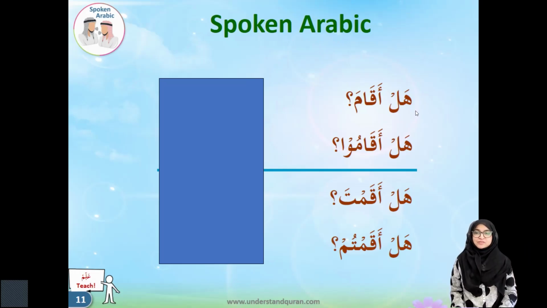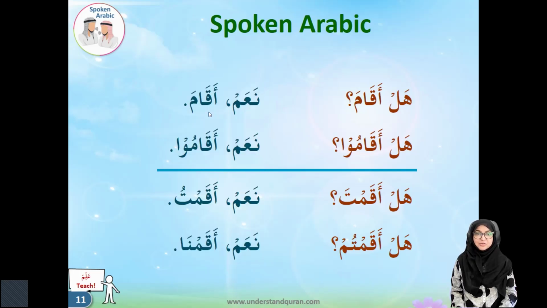Now, the questions. Now, you would ask, hal aqama? Naam aqama. Hal aqamu? Naam aqamu. Hal aqamta? Naam aqamtu. And hal aqamtum? Naam aqamna. MashaAllah. You got all the answers correct. Now, Parveen aunty, you will answer.